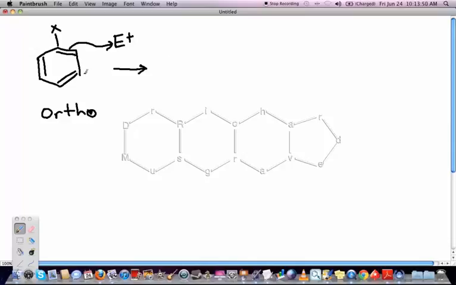If we wanted it in the meta position, we'd use this double bond. And if we wanted it in the para position, we could also use this double bond as well. Anyway, let's look at the ortho first. Now the pattern that I've been discussing is that the double bond will add to the electrophile. Don't forget there's already a hydrogen here.